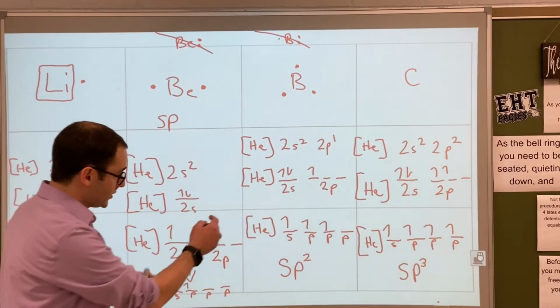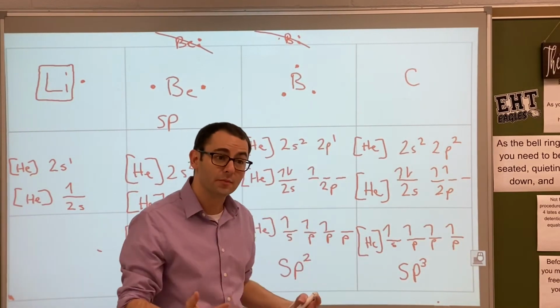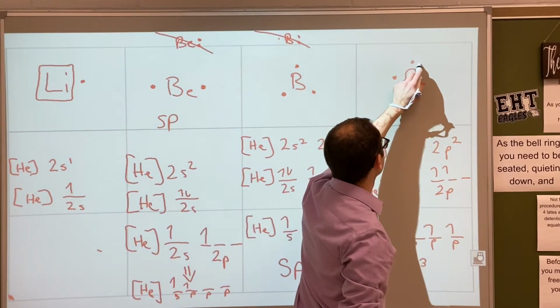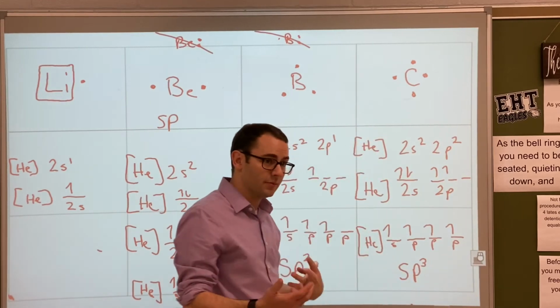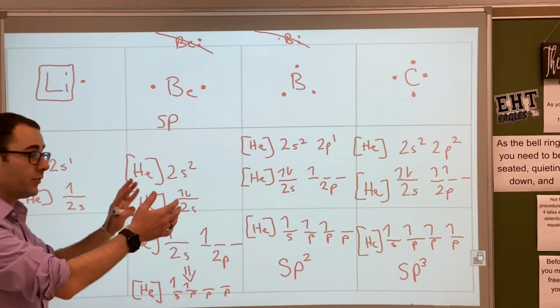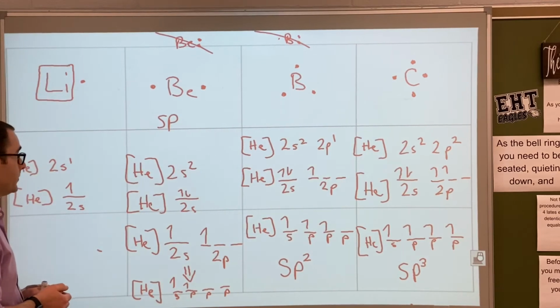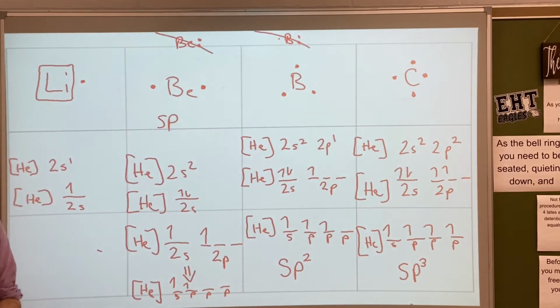And because we have 4 electrons by themselves or unpaired, you would get 4 dots around this. 1, 2, 3, 4, instead of originally them being paired up, all right? And that would allow us to have the tetrahedral shape, all right? So sp, sp2, sp3, all right?